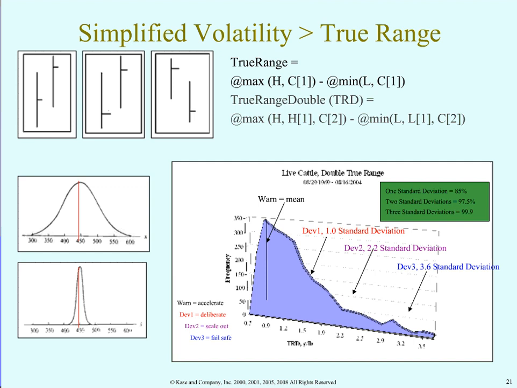The true range looks at the high minus the low, the high minus the previous close, or the previous close minus the low, and whichever is greater. So it basically looks at market range. And I first learned about true range in a book by Wells Wilder that was published in 1978.